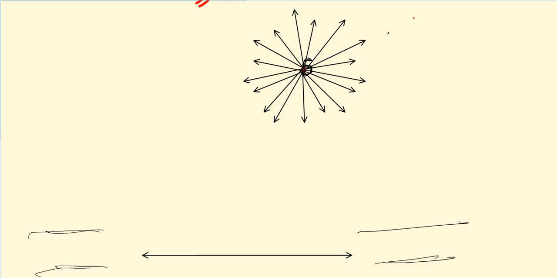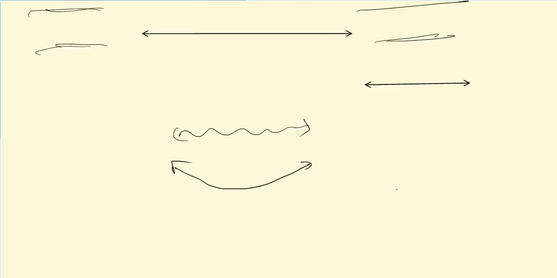Then one and only one line can be drawn through any two fixed points. Yes, that is true. Suppose you are having point P and point Q. Now you can draw only one line which will pass through these.